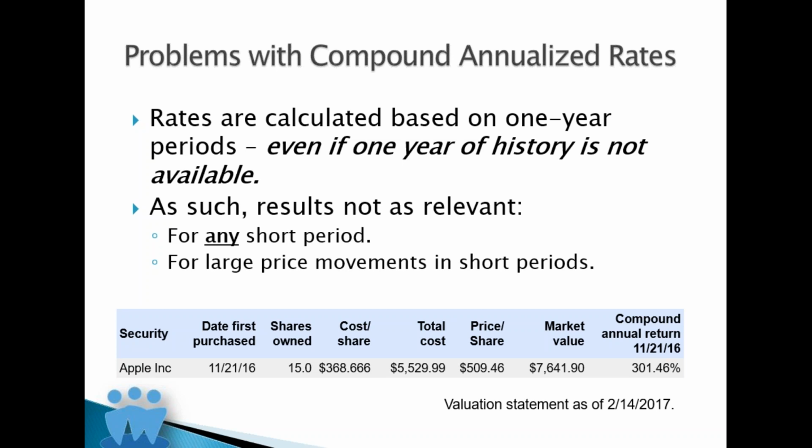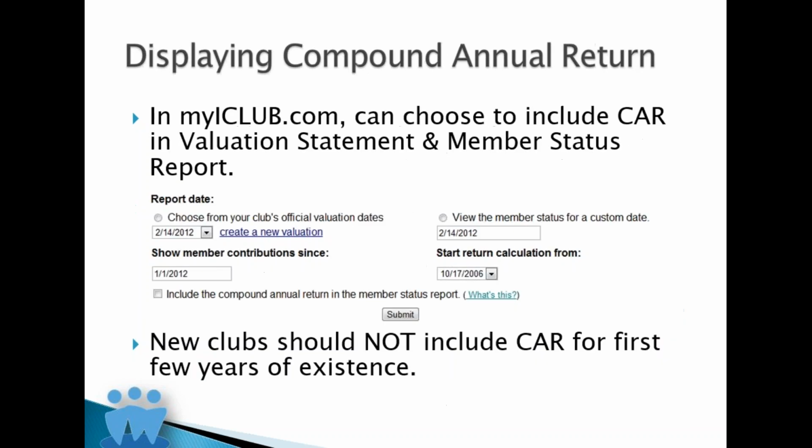Mathematically, it's absolutely correct. And given what we know about the stock market, it's incredibly unlikely to happen for even a year, no less multiple years of time. So we need to apply some judgment and some perspective on the compound annual rates of return when we have situations where short periods are involved.